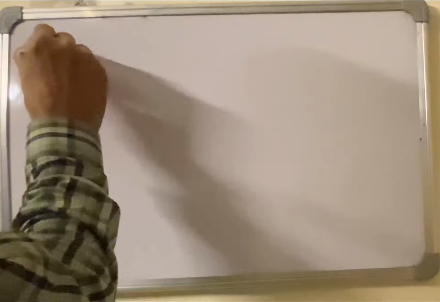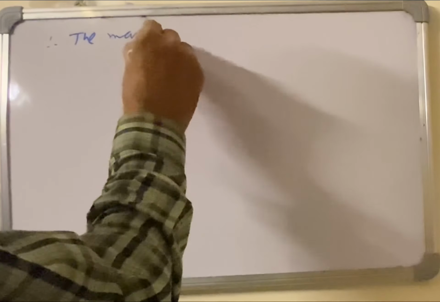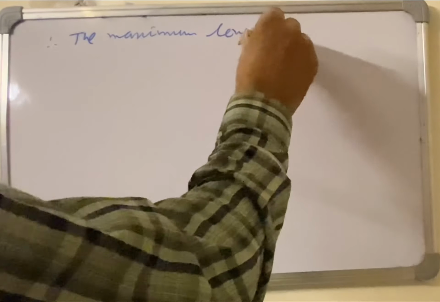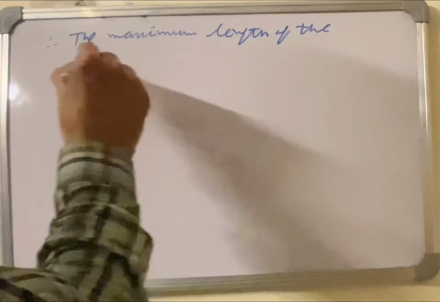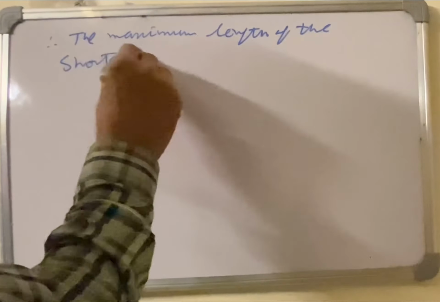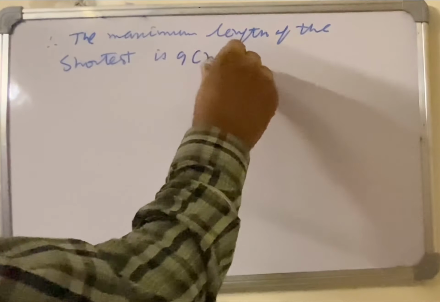Therefore, the maximum length of the shorter side is 9 centimeters.